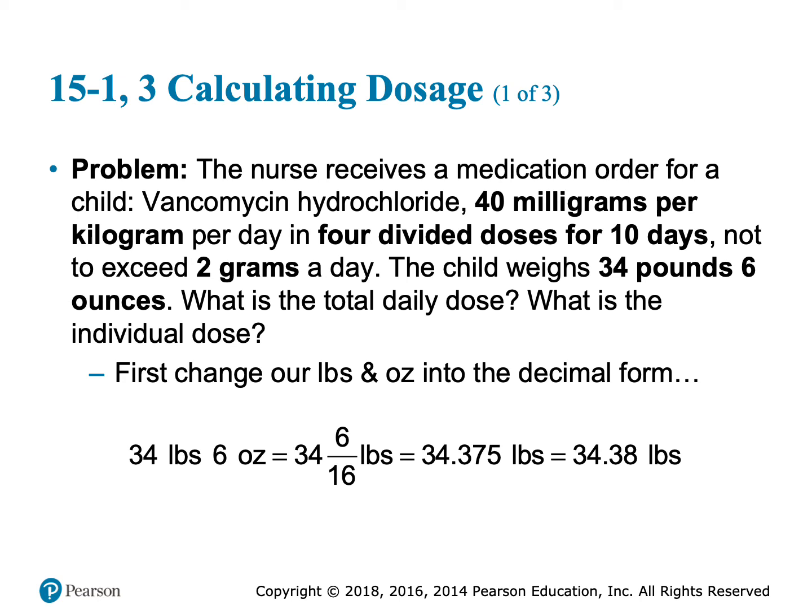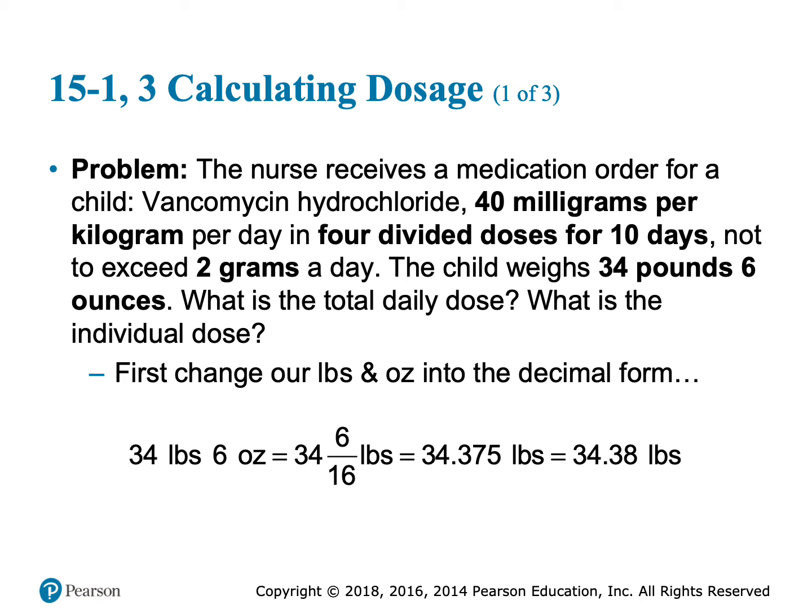Now we need to round to the hundredths place, so we look at the number to the right of the hundredths place, and that is a 5. If it's 5 or greater, we add 1 to the hundredths place. That gives us 34.38 pounds.